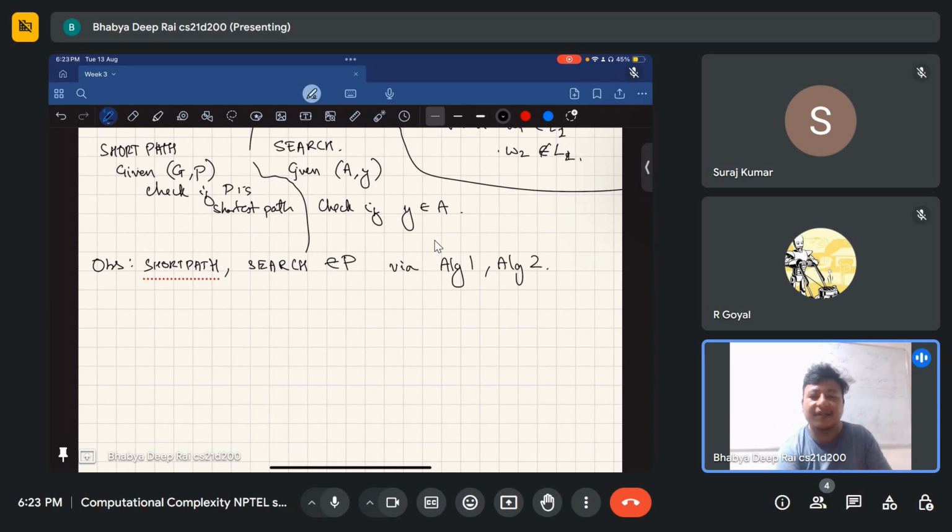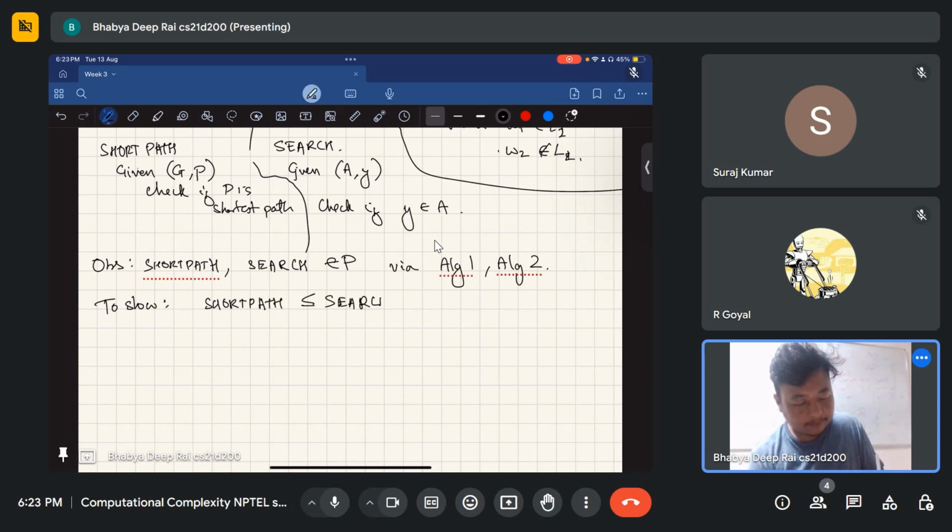Now, what are W1 and W2 here? To show short path reduces to search in polynomial time, this is what we claim.